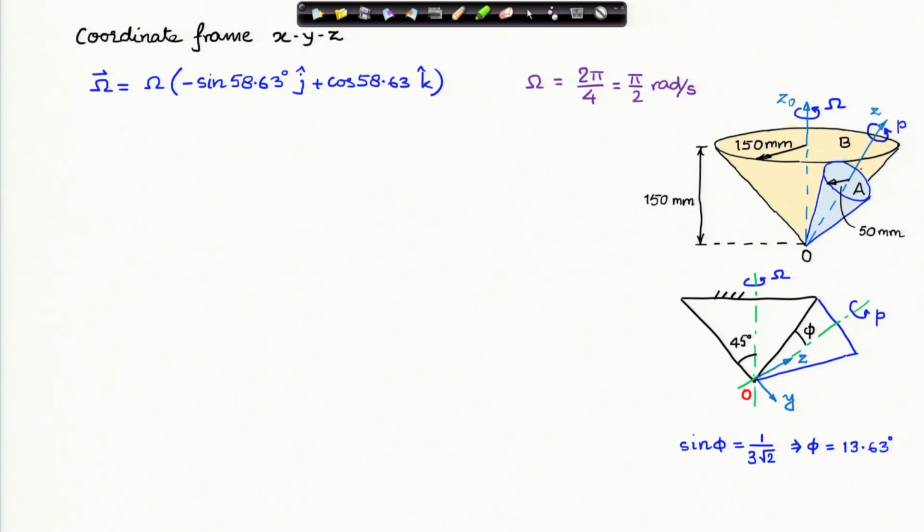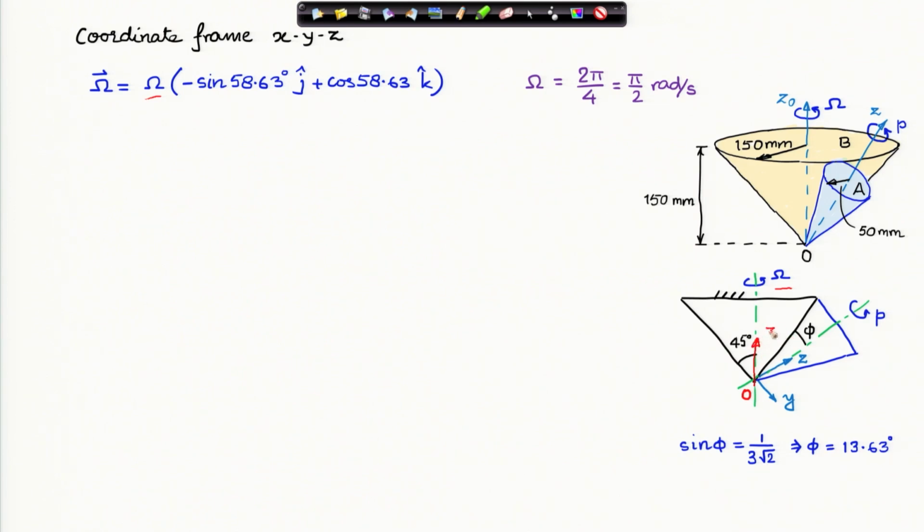This is how the spin axis is rotating about the inertially fixed z naught axis. This angular velocity is capital omega, and capital omega is the magnitude of omega times the unit vector expressed in the x, y, z frame. Therefore, I have to represent this unit vector.